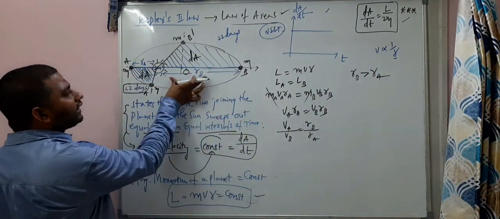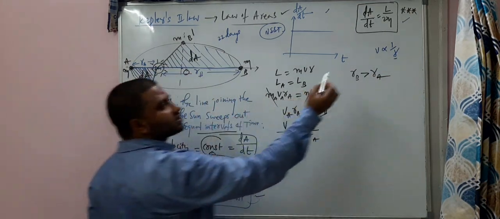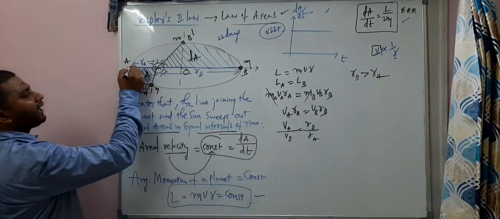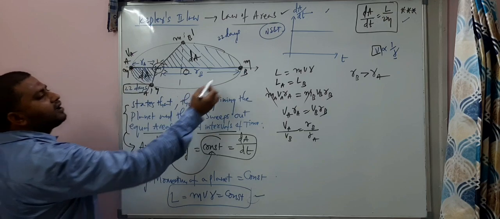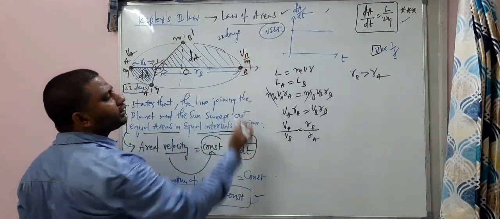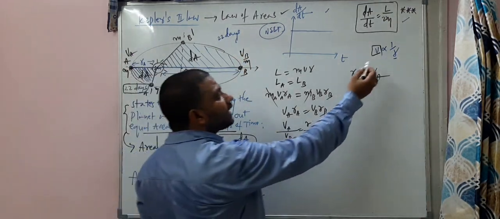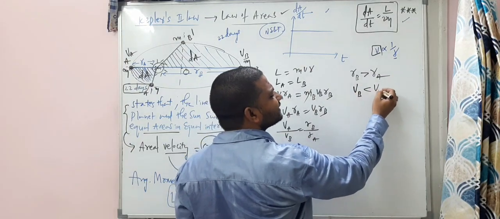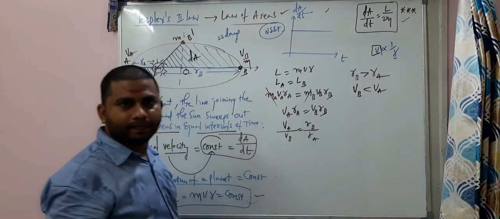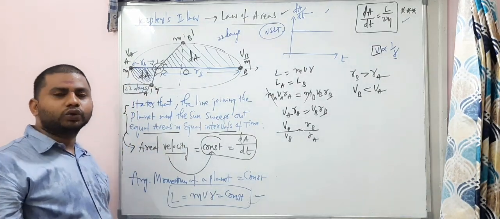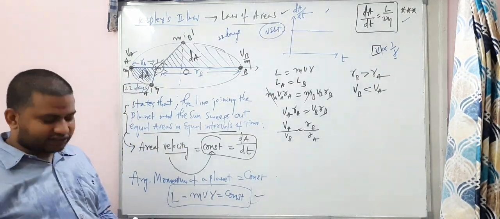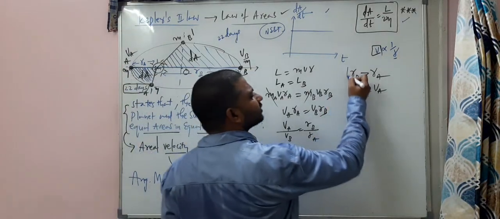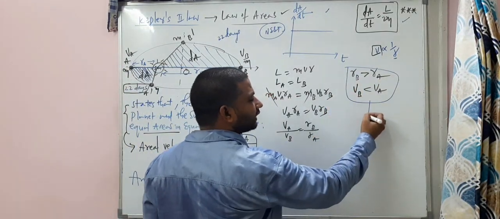When RB is greater than RA, velocity of a planet at this point is Va, velocity of the planet at this point is Vb. When R is inversely proportional to V, I can write Vb is less than Va, my dear students. Importance is there for this expression.